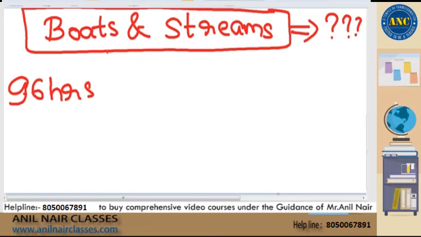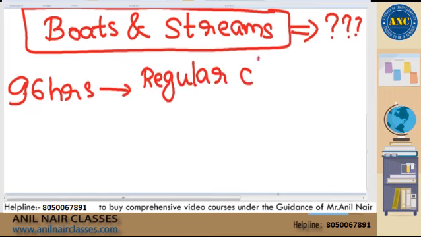And whatever questions I discuss in today's class, other than those questions, you will also find a few more extra questions in our 96 hours of video content, which is nothing but the regular class we take live in our office. This 96 hours video content is nothing but the regular classroom session.